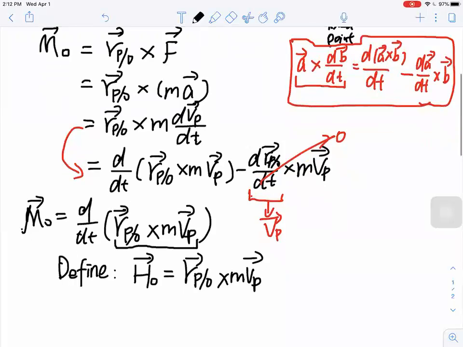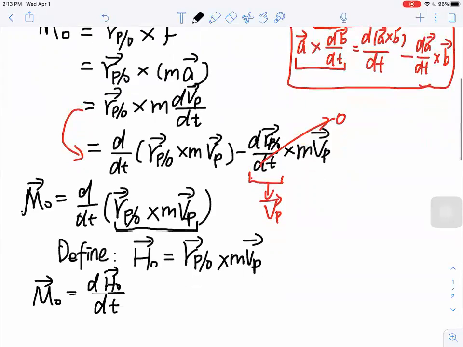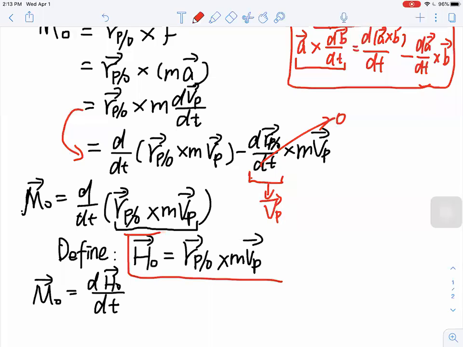If we manually define H_O to be equal to that, then we can write our moment in terms of something simpler, easier to look at: dH_O/dt. And let me highlight this. This H_O vector here is what we call angular momentum.